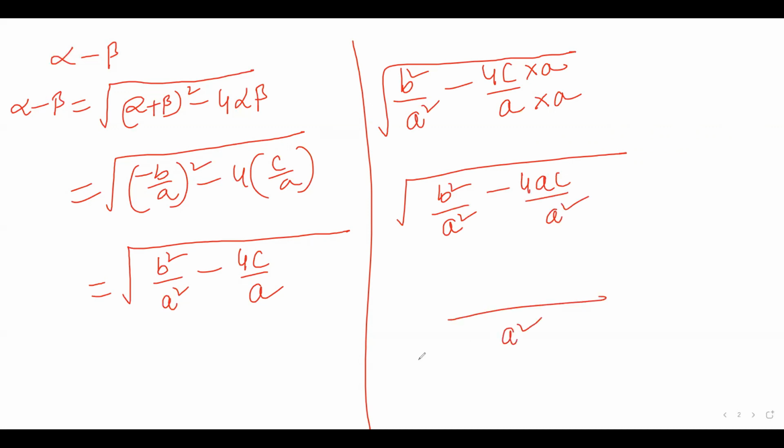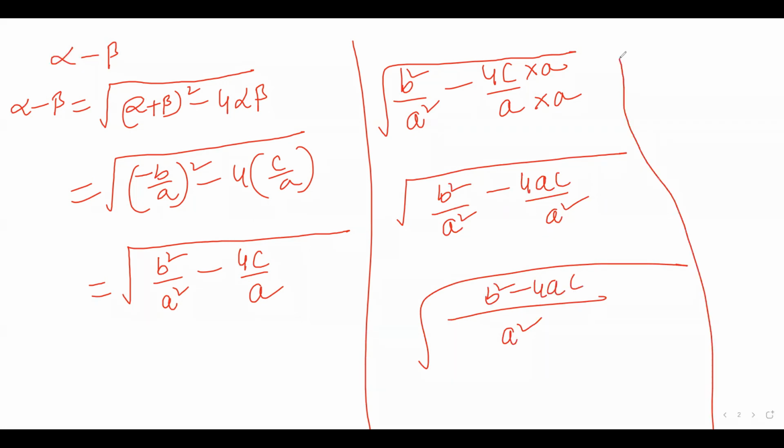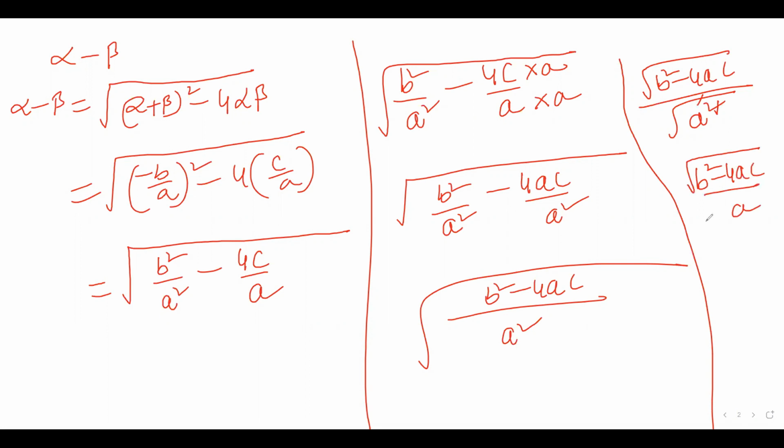A square is the LCM, b square minus 4ac. Separate the roots. B square minus 4ac numerator will be getting a root. A square denominator will be getting a separate root. Square and root will get cancelled. So your final answer would be root of b square minus 4ac by a. That's it.